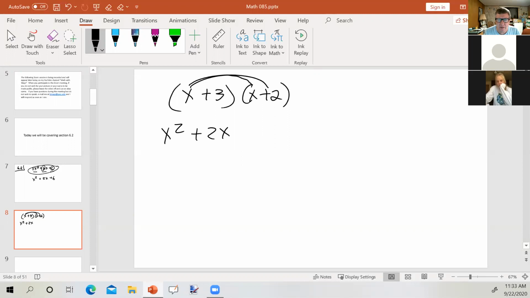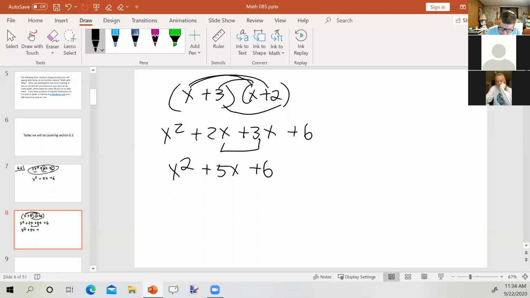And then 3 times x would be 3x, and 3 times 2 would be 6. Then, combining like terms in the middle, we get x squared plus 5x plus 6. So back in chapter 5, we multiplied two binomials together to get a resulting trinomial.